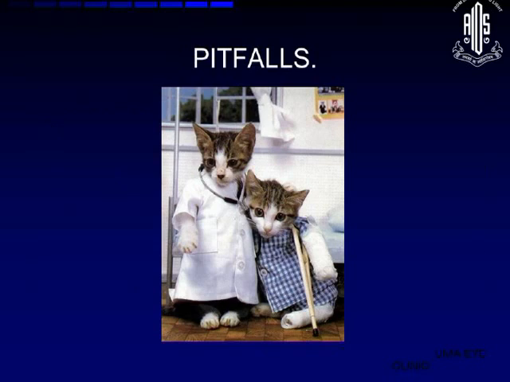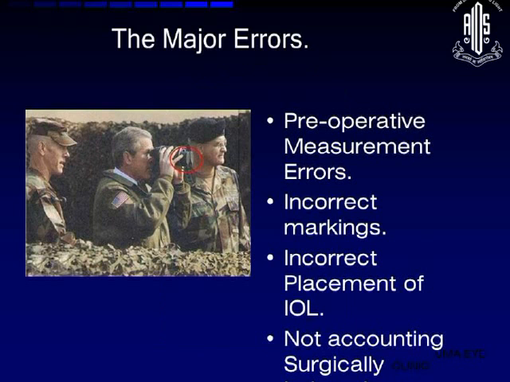Now let's get to my topic of pitfalls. The major errors are usually the preoperative measurements, incorrect markings, incorrect placements, and not accounting the surgically induced astigmatism. But I think, like most of the surgeons here, good phaco surgeons, small amount of SIAs.